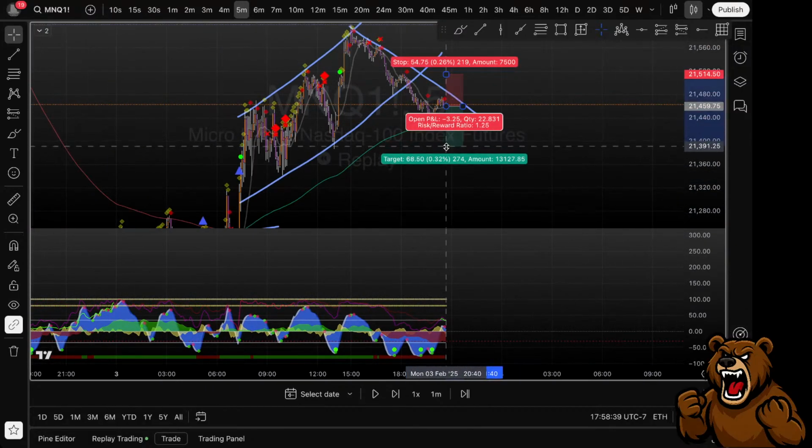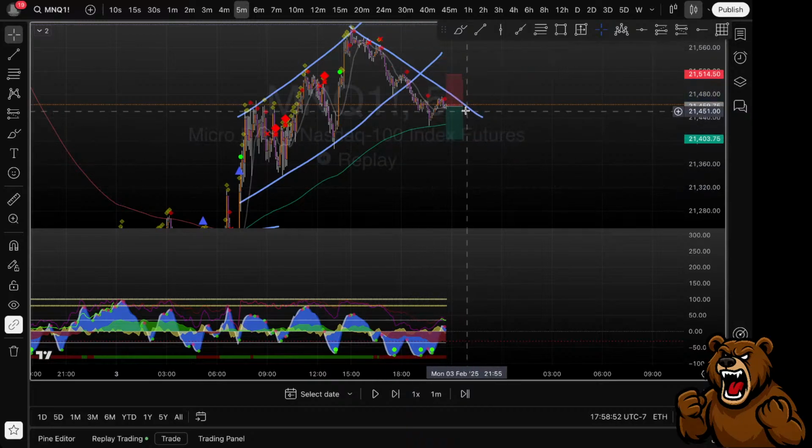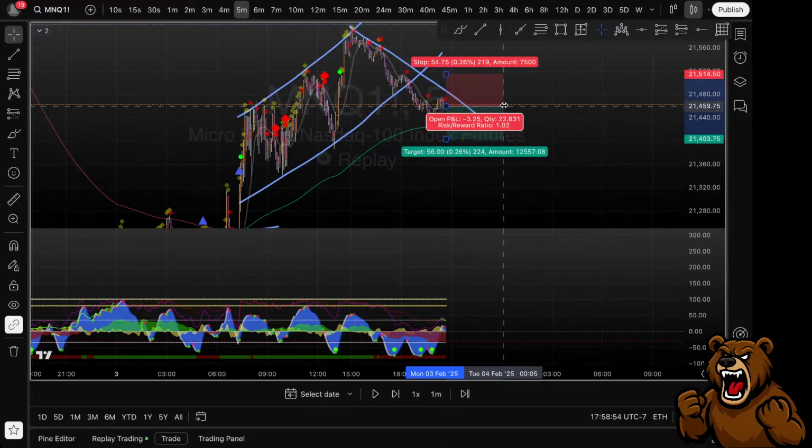First TP, maybe like right down here somewhere. $20.40, $21.40.